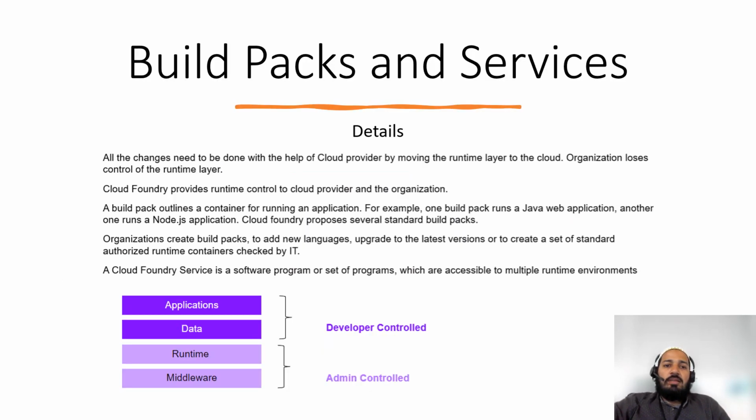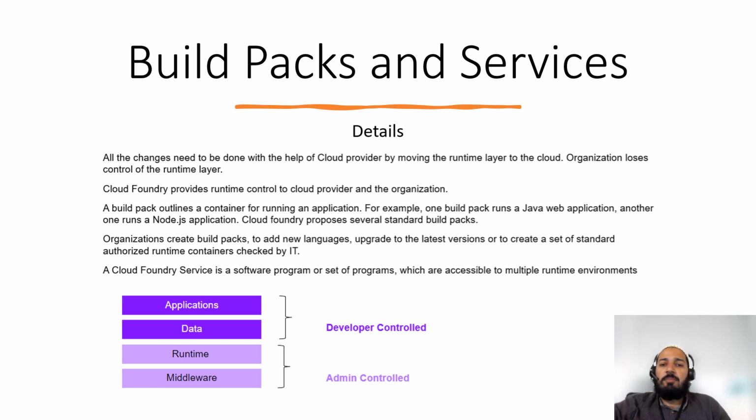Now let's quickly take a look at what build packs and services it provides. All changes need to be done with the help of cloud providers. By moving the runtime layer to the cloud, the organization loses control of the runtime layer, but Cloud Foundry provides runtime control to both the cloud provider and the organization. A build pack outlines a container for running an application.